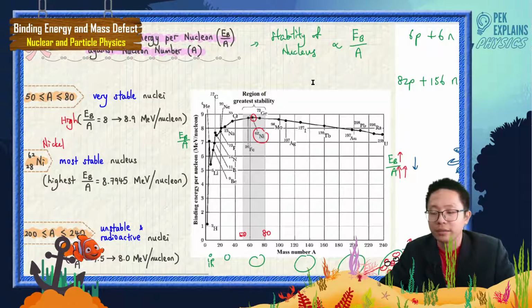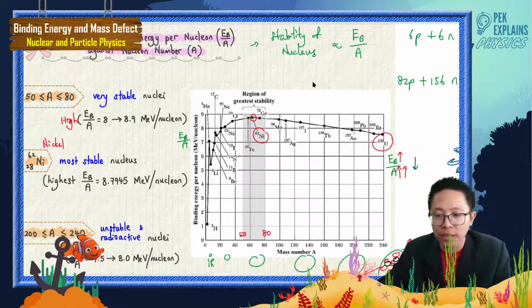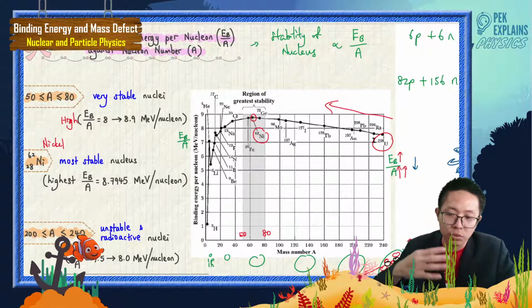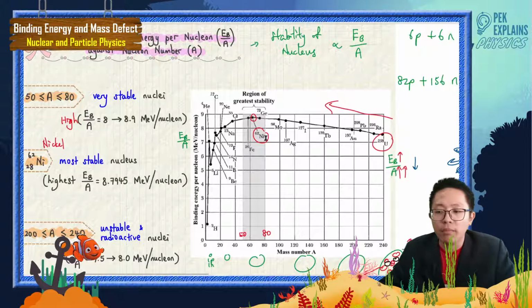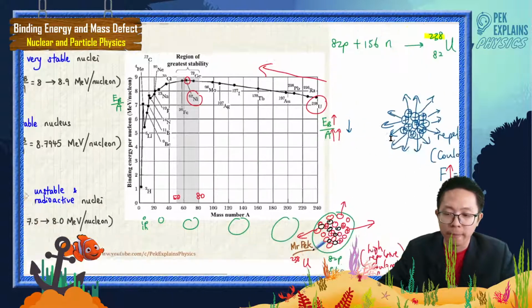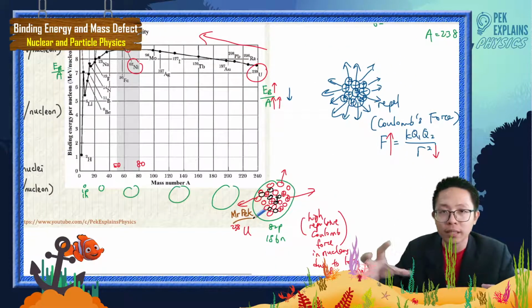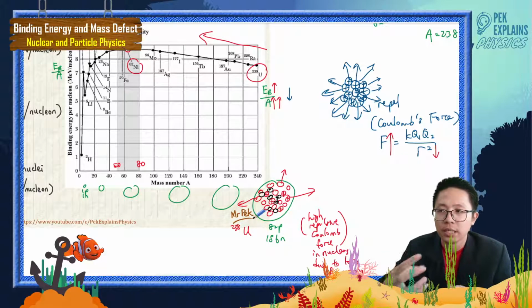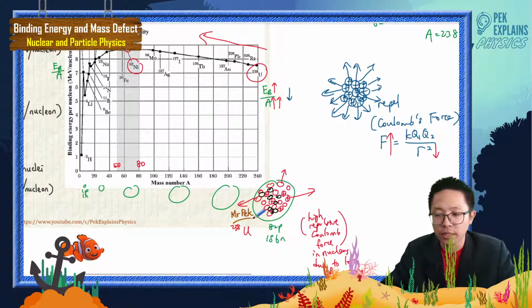This uranium will decay and go to the left hand side, to form a more stable nucleus over here. Here is very unstable already because the nucleus has become too big, with too many protons repelling each other in the nucleus.